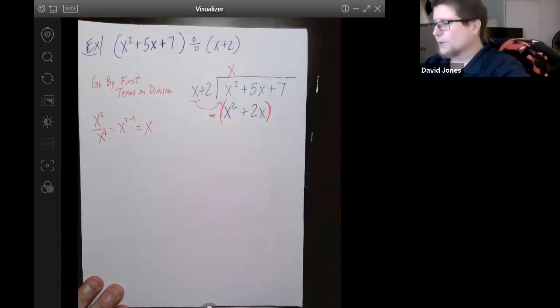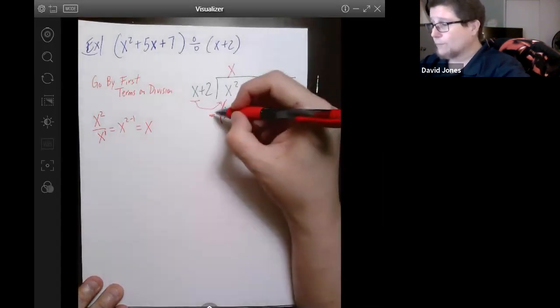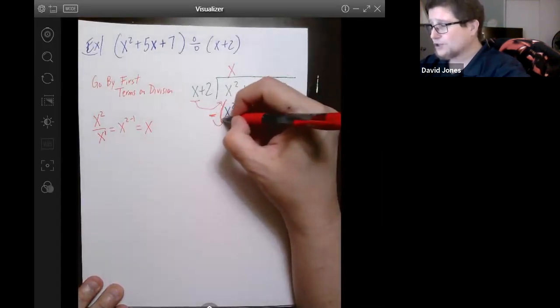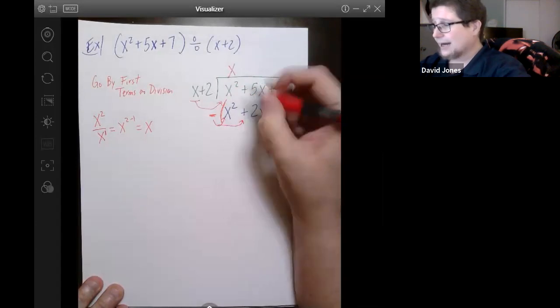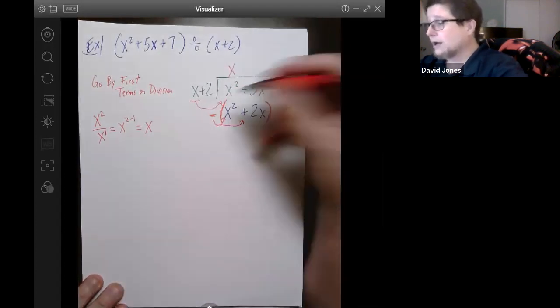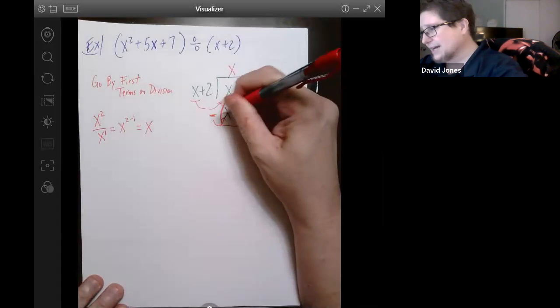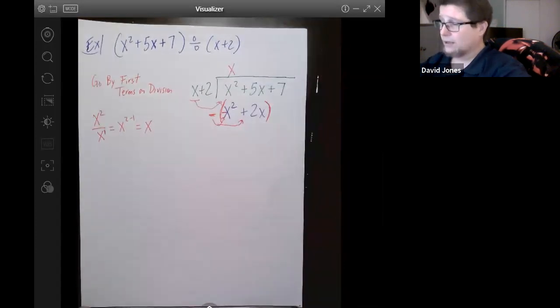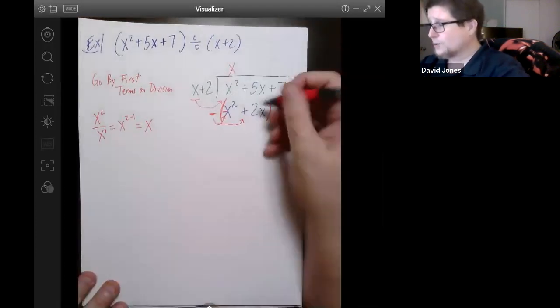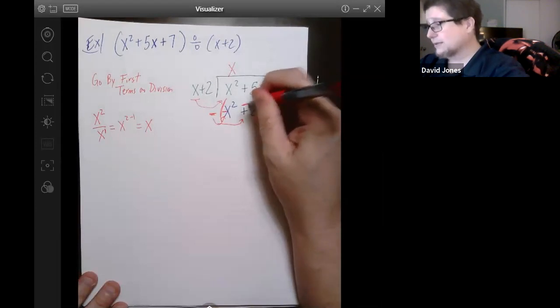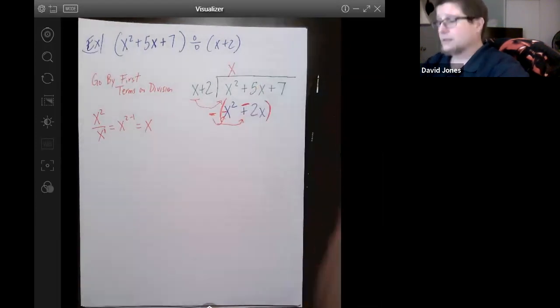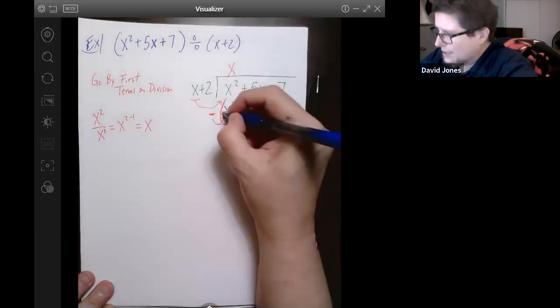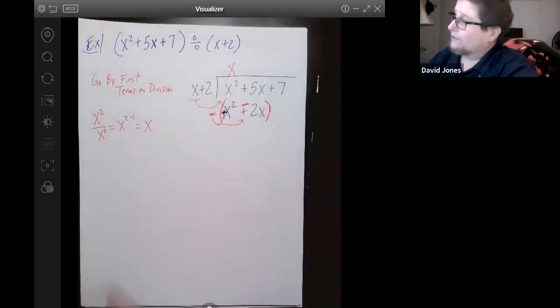An easier way to do this is to literally move the negative inside by changing the sign. I showed you guys doing that before. The x squared turns into negative x squared, and the 2x turns into negative 2x.